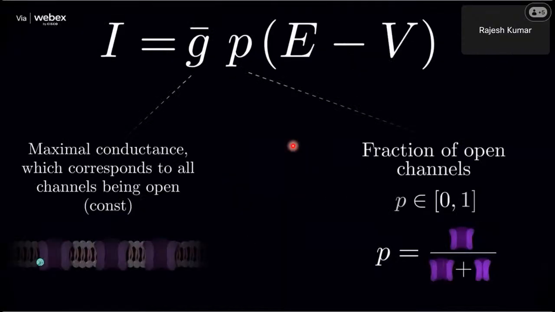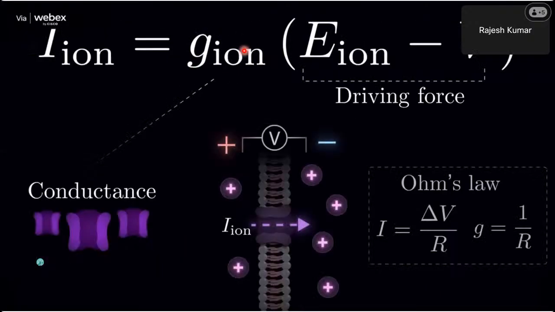So how do people model it? They say, let's say that I is G times the potential difference. This G is the maximum conductance when all the gates are open, so that is constant. But now it is multiplied by P, because this G depends upon how many gates are open and how many are closed. If all gates are open, that is the maximum current that can flow.